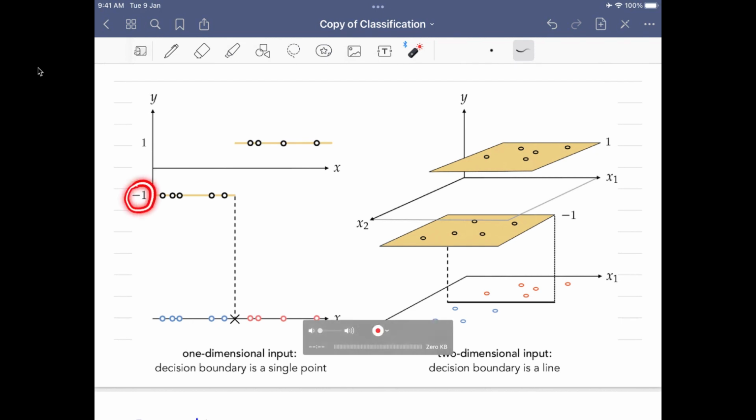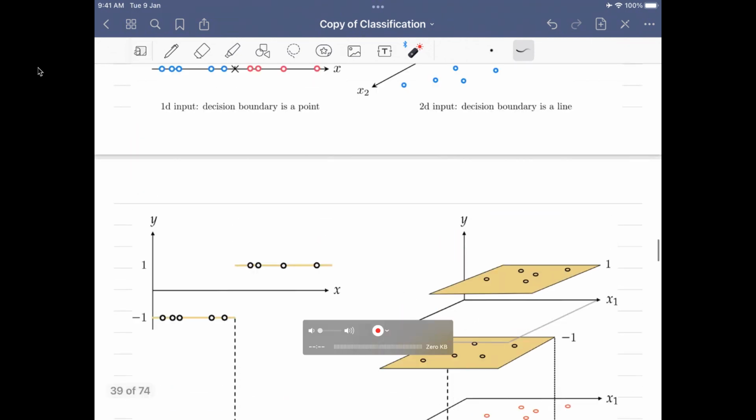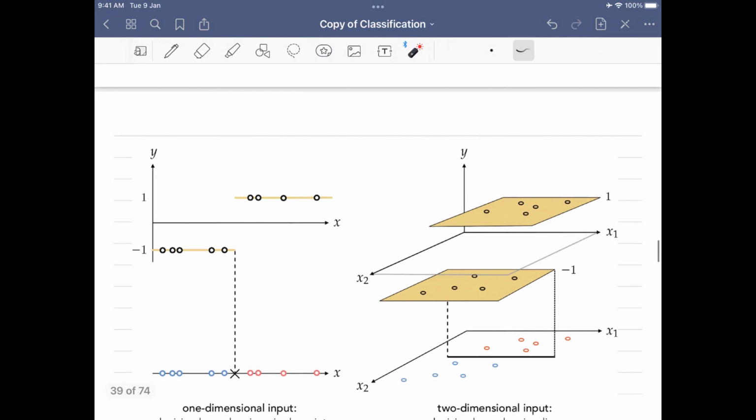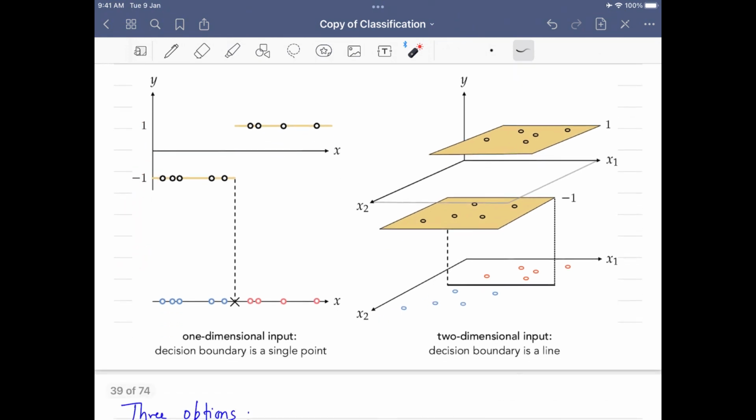Earlier the labels were 0 and 1, but now if I change the labels to -1 and 1, will the story change or not? By seeing the figure, we can see that the story will still remain the same. There will be no problem, you will still get the answer, because the interpretation in the xy plane as well as in the single x plane remains the same in both situations, when the label is 0, 1 or -1 and 1.